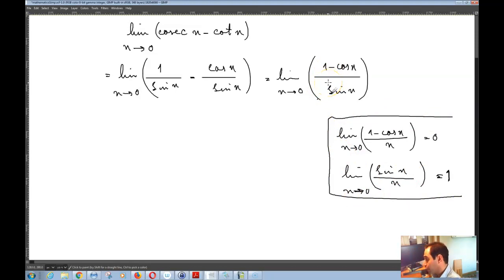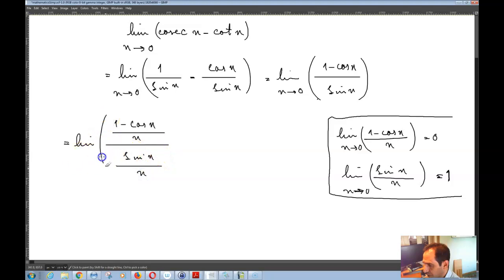So I can divide both the numerator and denominator by x, meaning that I can write this as the limit of (1 minus cos x) by x over sine x over x as x tends to 0.